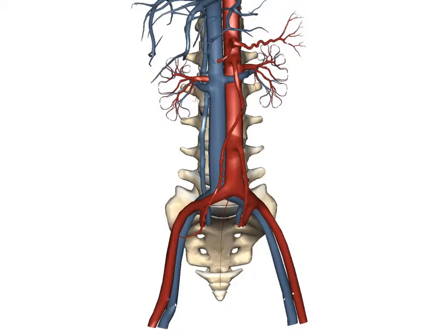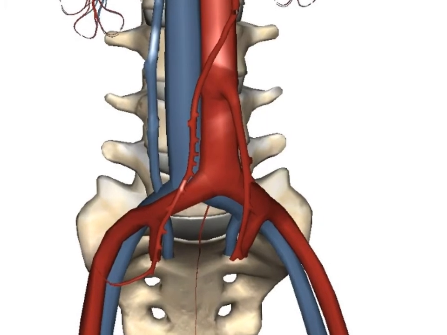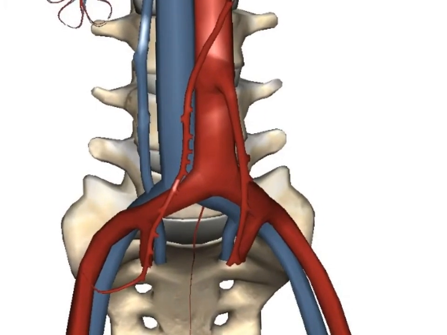Now, as you come down the abdominal aorta, what we can also see here is the inferior mesenteric artery. So if we zoom up a little bit there, this is the bit that we're going to be concentrating on. Once the abdominal aorta bifurcates, I'm sure you're all well aware, we've got the common iliac arteries, and then these bifurcate again into the external iliac artery and the internal iliac arteries.